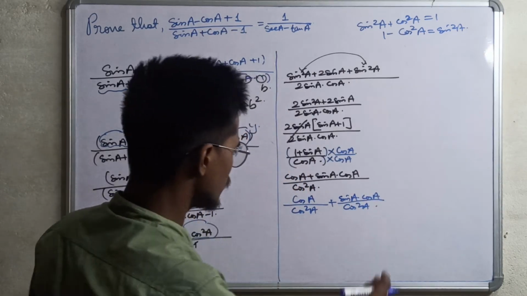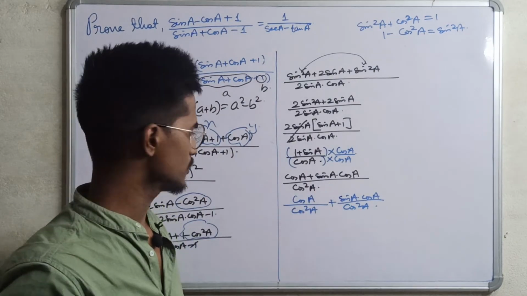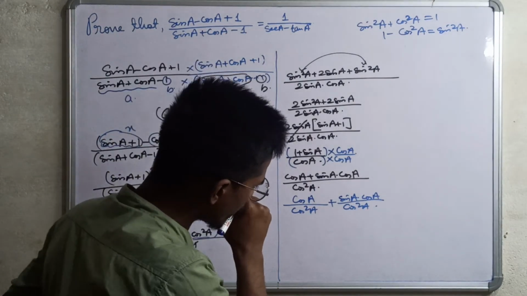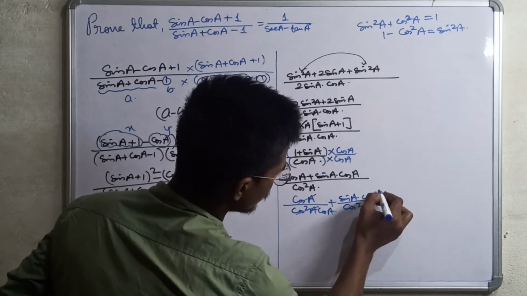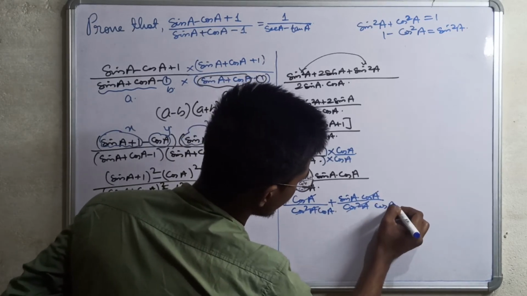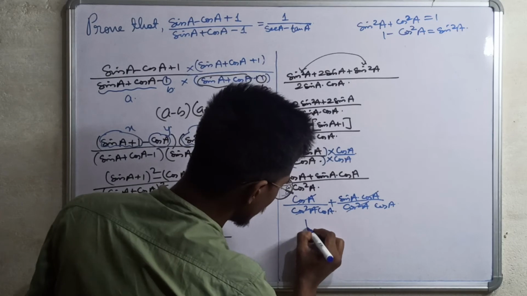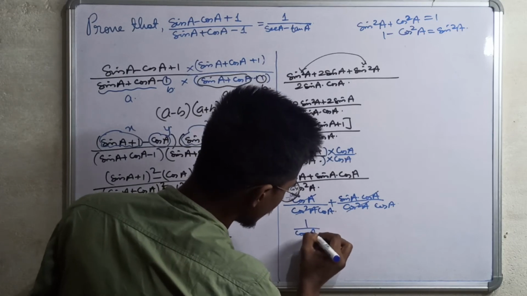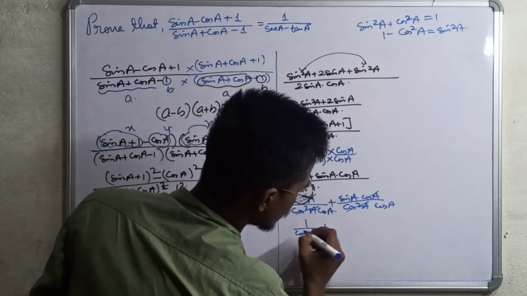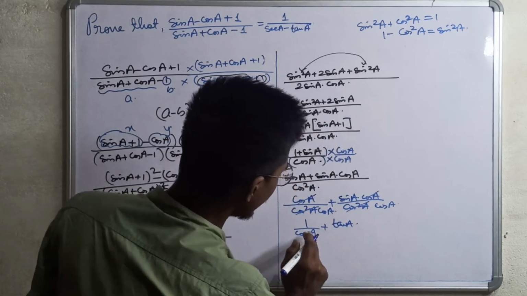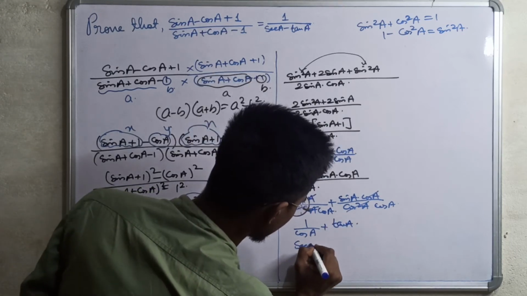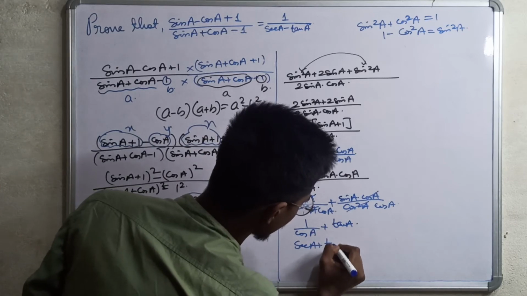We can split it, obviously we can split it, right? I have split it. What should I do now? One cos a is getting cancelled, and one cos is also getting cancelled over here. So what I have got is 1 upon cos a plus tan a. I can write it as sec a plus tan a.